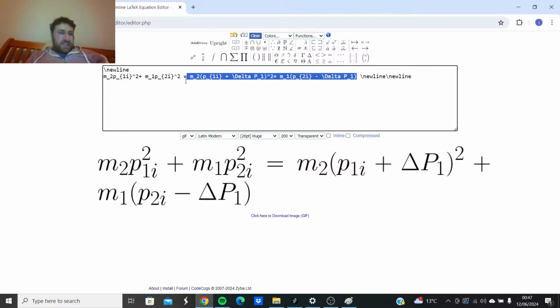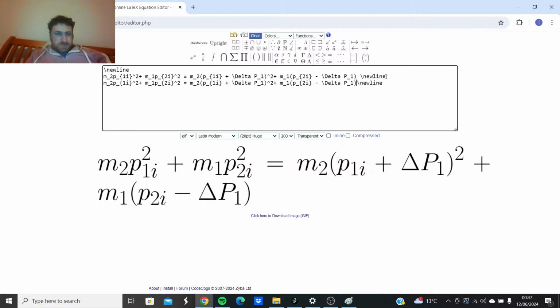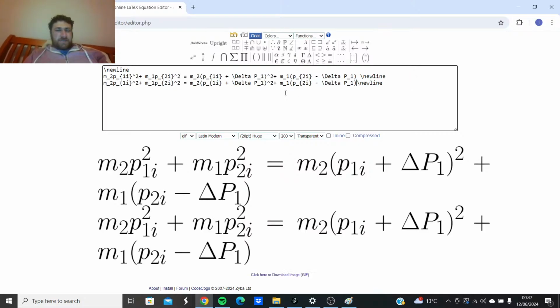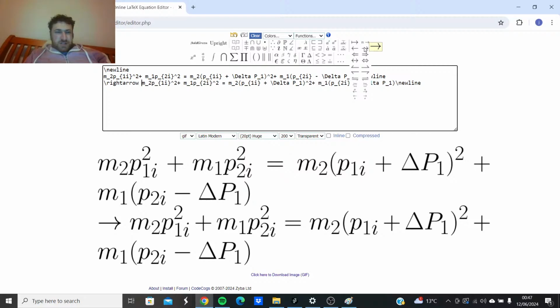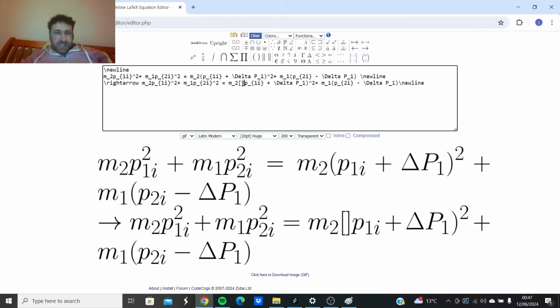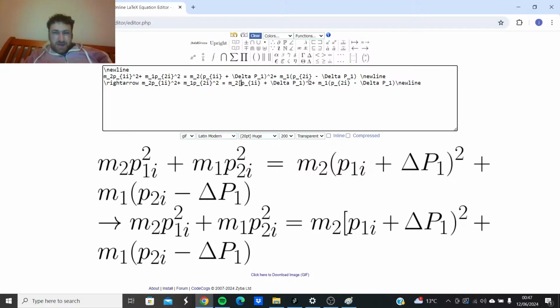get ourselves a new line. And let's expand out the right-hand side. So M2P1I, right? Let's change this to our big curly brackets.